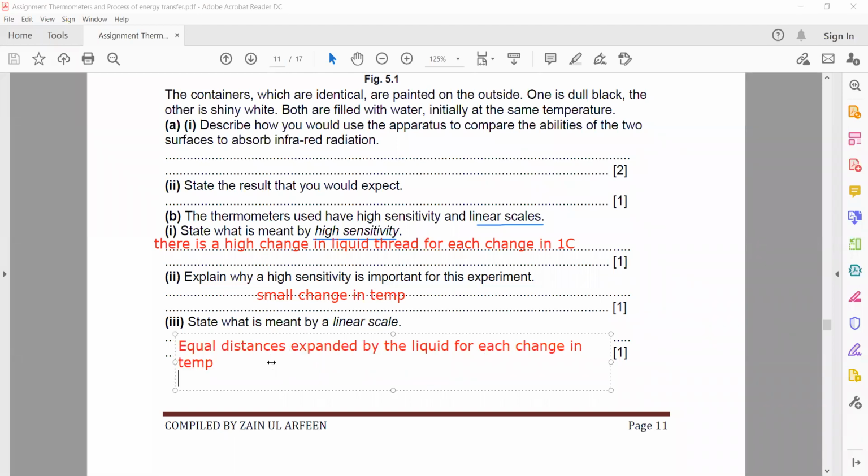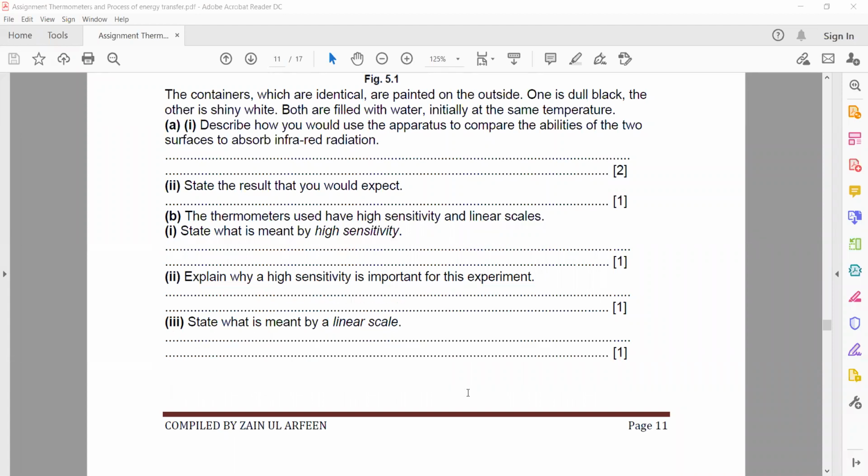That we call a linear scale. Or equal markings are there, that you can also mention. Or the distance between each degree on the scale is the same. A simple definition you can mention: the distance between equal markings for every 1 degree change in temperature.